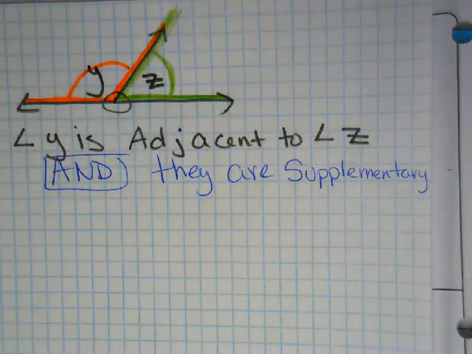Have you guys ever seen a math test, SBAC, whatever? They have these little boxes on the side, and they say, check all that apply, that are all true. And then they'll go like, this is complementary, this is vertical, this is adjacent, or this is supplementary.